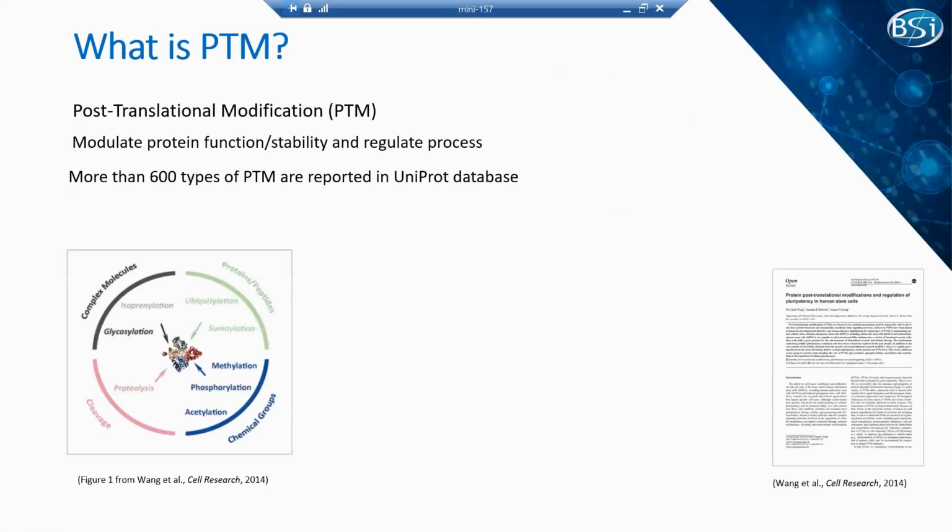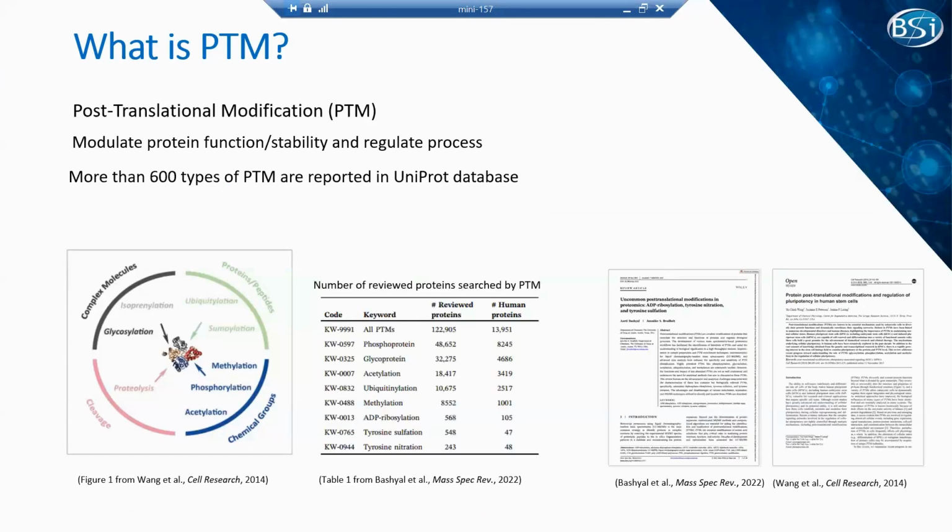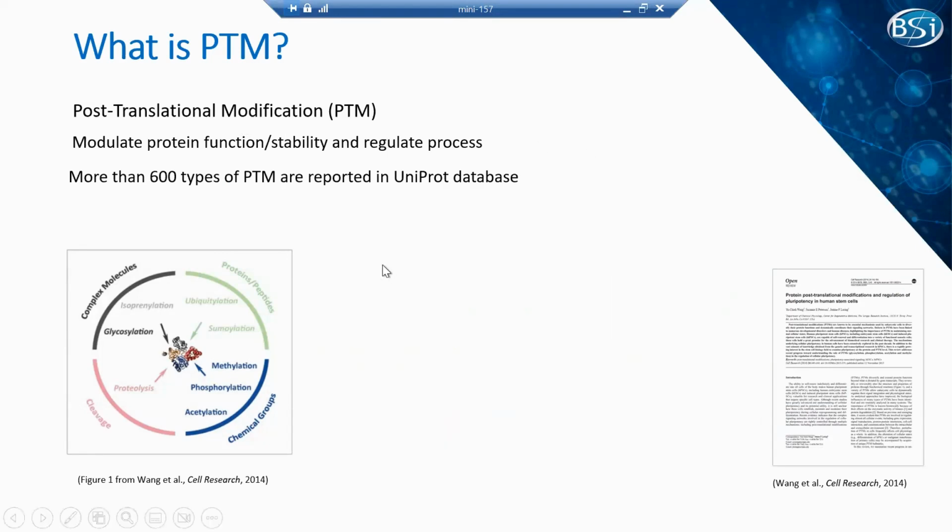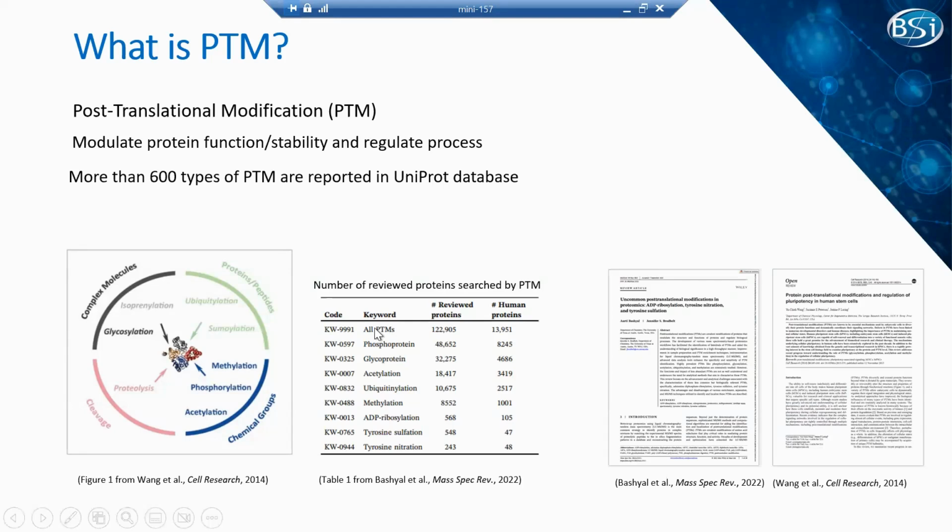And how many PTMs are there? If you search in UniProt, there are over 600 PTMs listed. Also in UniProt, if we count all the human proteins, both the canonical proteins and the non-canonical proteins, you can see that a lot of the proteins contain PTMs.